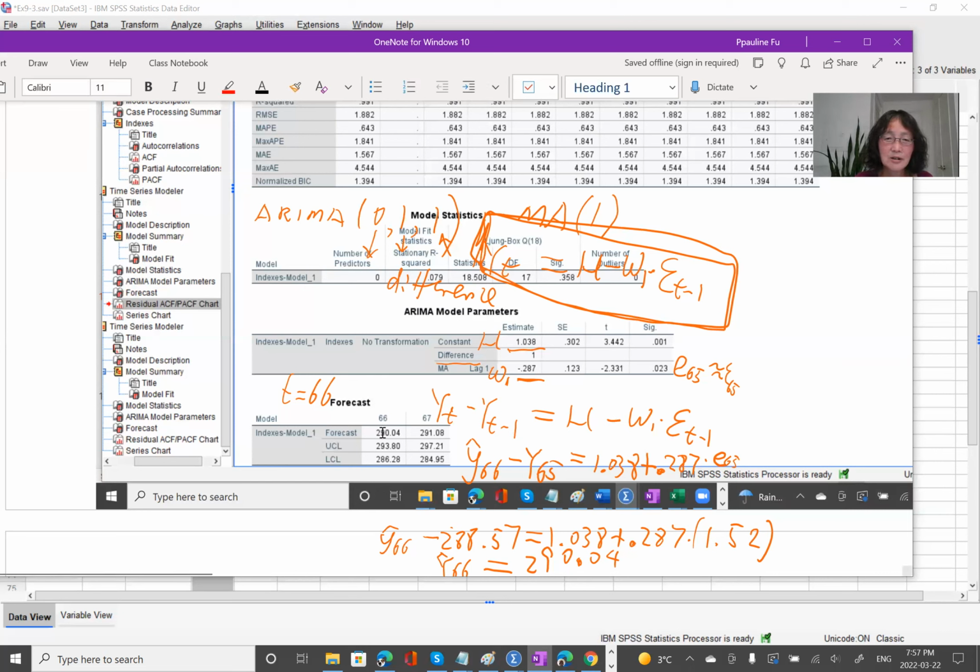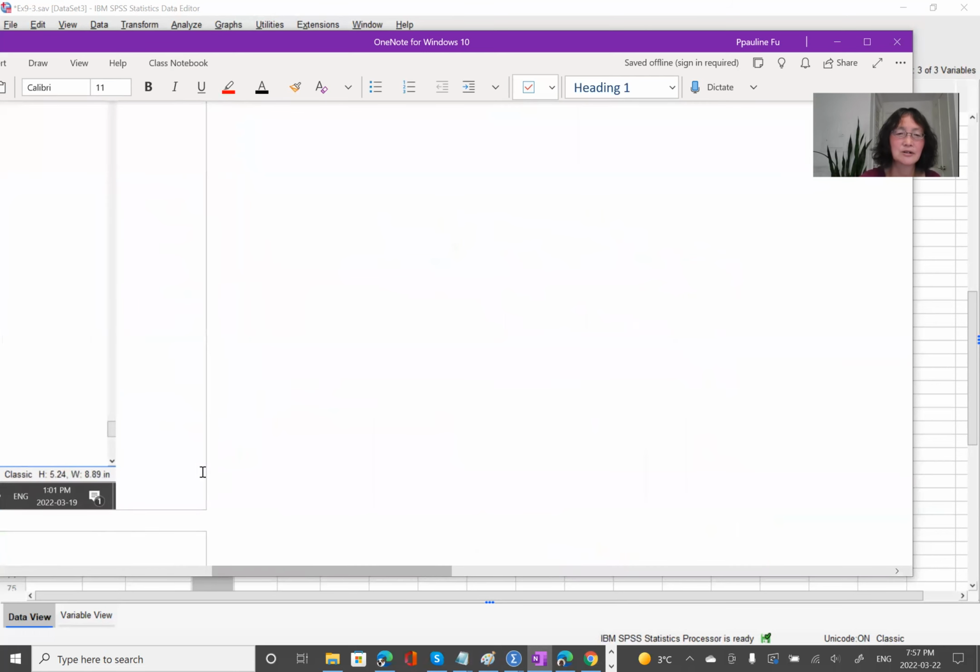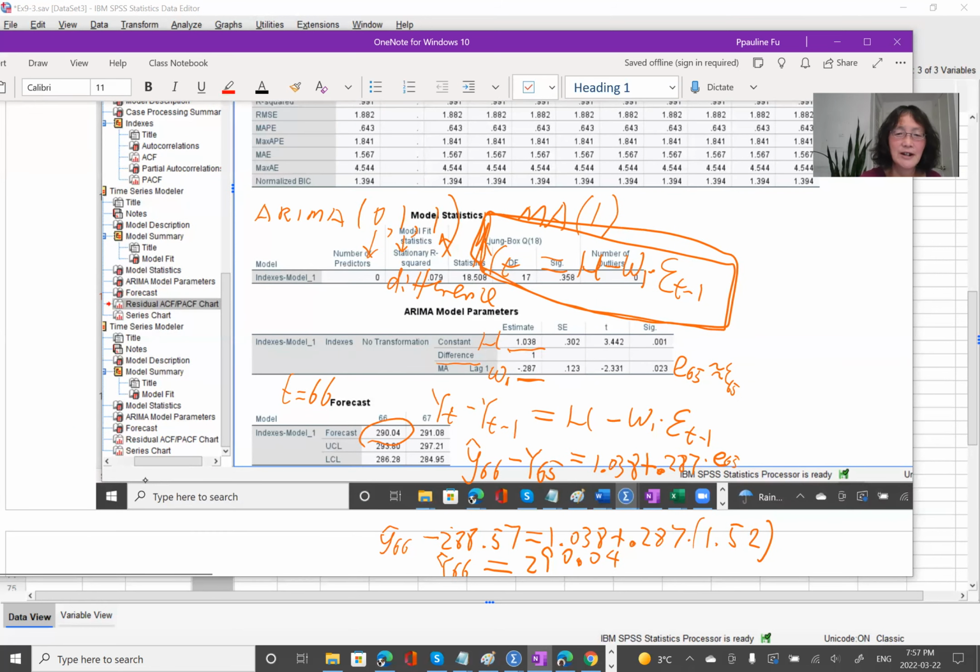We got here 290.04, the same as my hand calculation. This is the SPSS forecast for 66. Any questions? Give me one second.